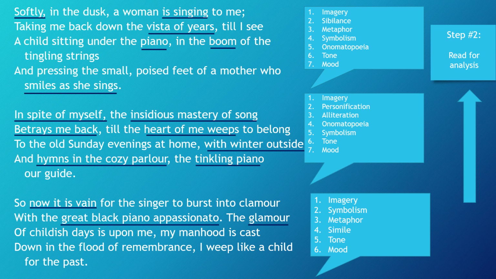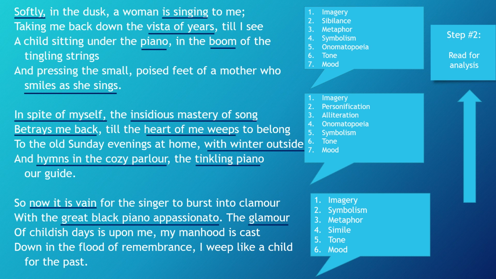Additionally, this symbol of the piano is repeated. Now we have it combined with this word appassionato, right? So the piano that represents his childhood is now firmly with him in the present. We understand that because, note, in the first stanza, the woman begins to sing, and the piano is not present until our speaker is fully in his childhood.